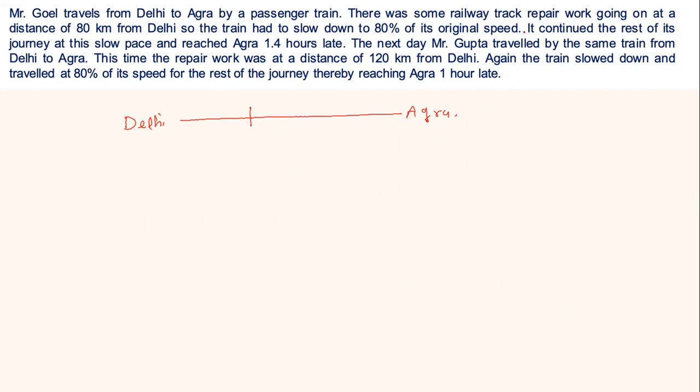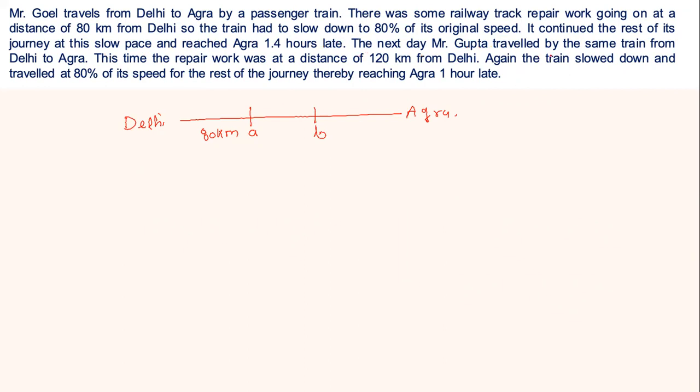There was some railway track repair work going on at a distance of 80 kilometers. Let me say this point is A, 80 kilometers from Delhi. So the train had to slow down to 80% of its original speed. All right, fine. It continued the rest of its journey at the slow pace and reached Agra 1.4 hours late. The next day, Mr.